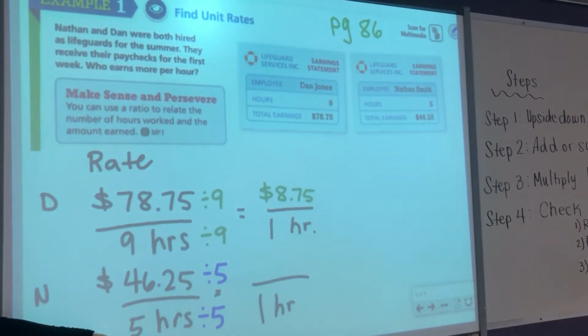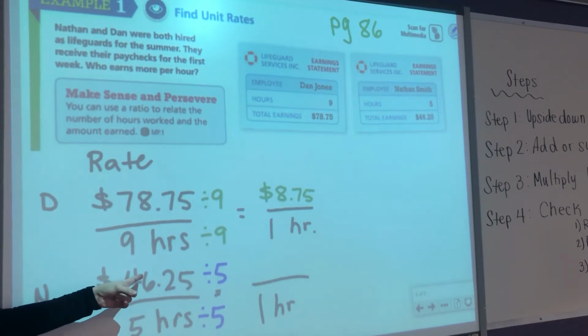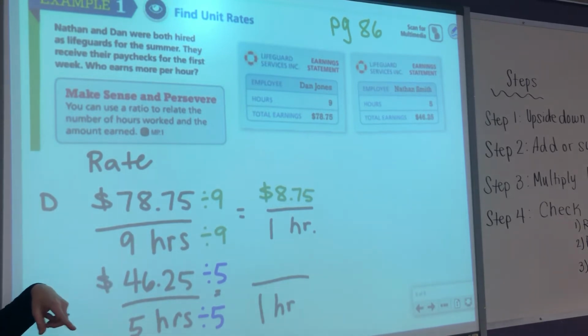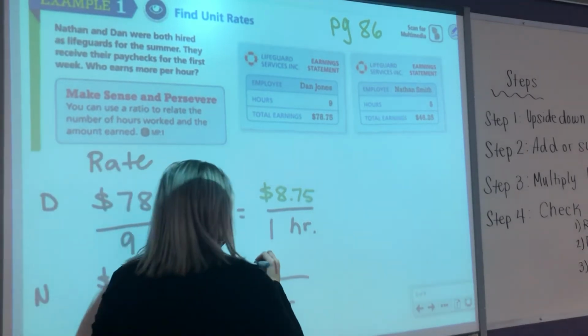But 5 goes into 46 9 and change, because 5 goes into 45 9 times. So I knew that because I used estimates. But I didn't know the exact, so that's why I have my calculator to help me. So Nathan makes $9.25 an hour.